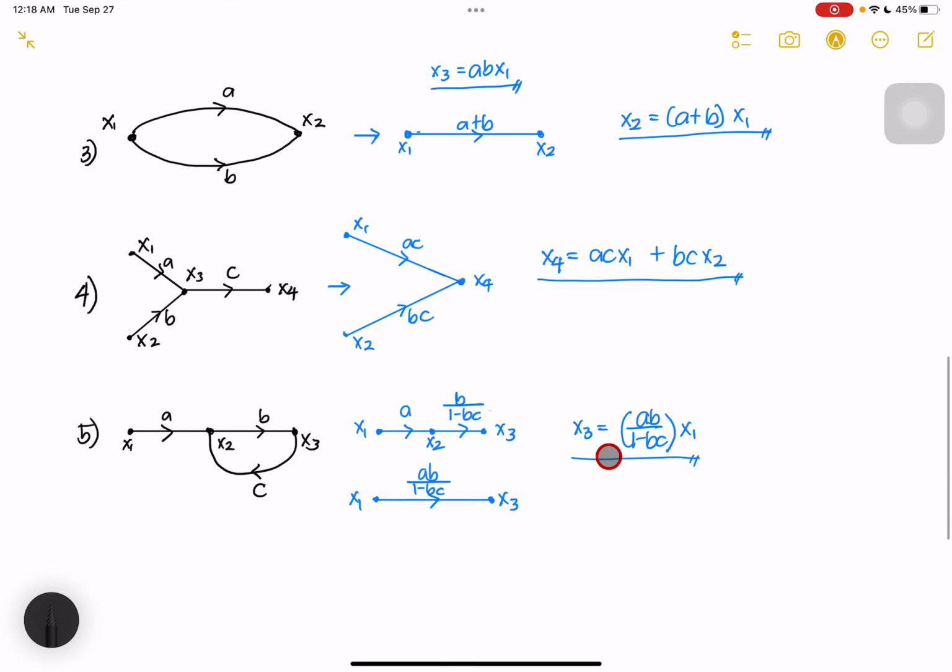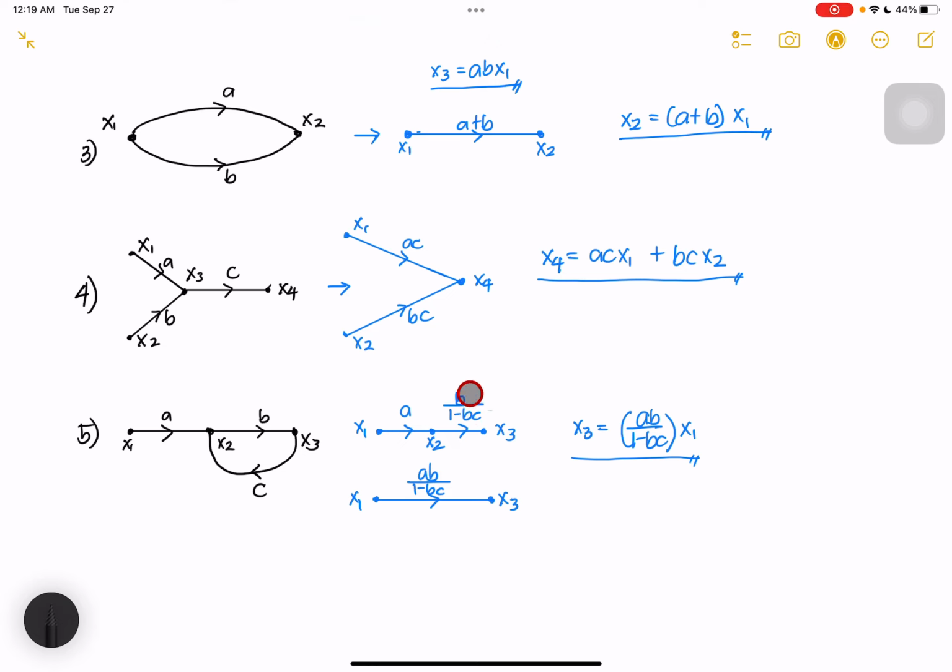Number 5, last but not the least, kapag merong feedback path. So, ano nangyari dito? x1, A, x2, x3. Tapos, meron tayong feedback na C. Okay, so x1, A, x2. Nangyari is, sinimplify yung feedback. So, ginawa na lang siyang isang branch. Okay, so B over 1 minus BC.